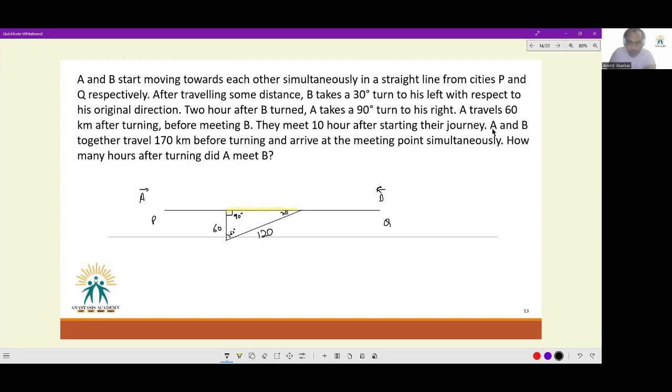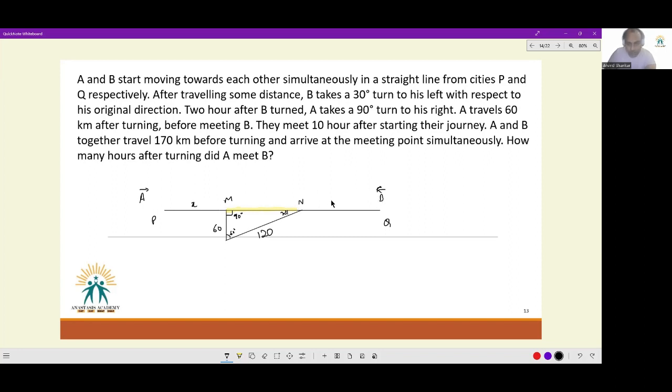Okay. You're also told A and B together travel 170 kilometers before turning. So let's say A traveled, I am calling this point M, calling this point N, PM plus NB is 170.